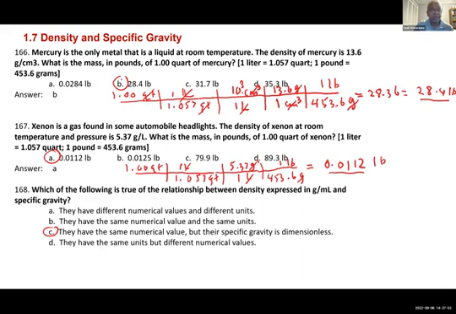The difference between density and specific gravity: specific gravity has no units. Density has units.